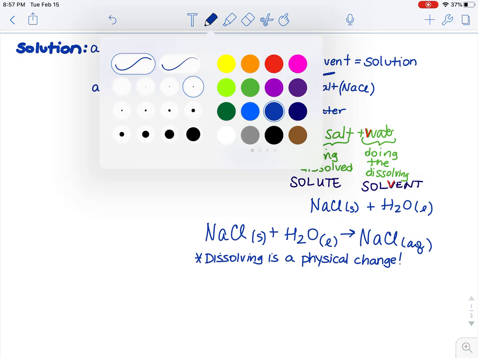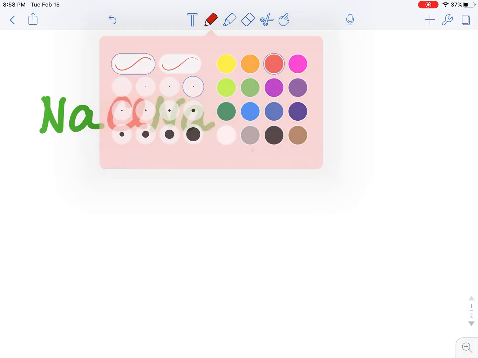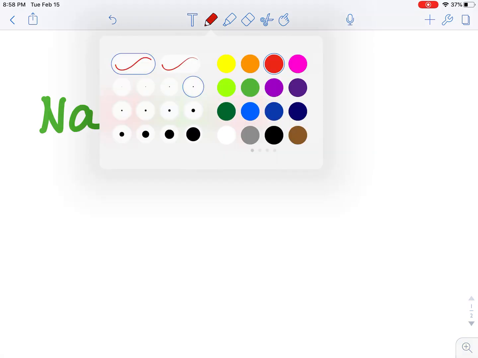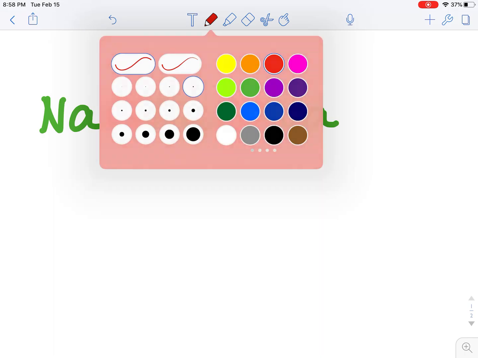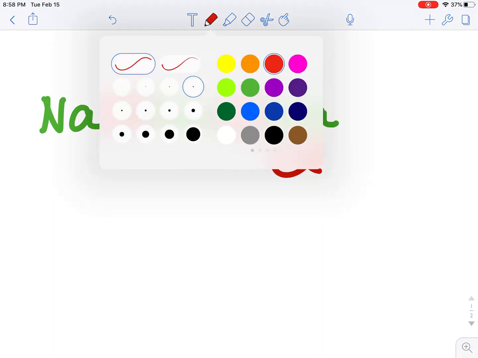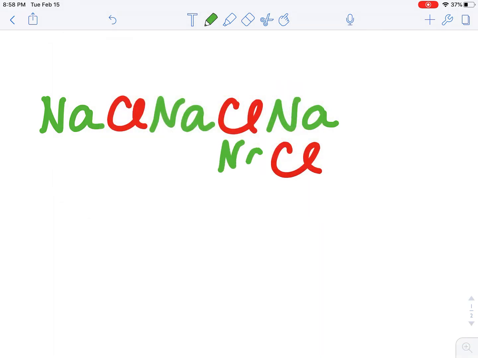The salt is made up of a cation of sodium and an anion of chloride. And because it's an ionic bond, we have these cations and anions all attracted to each other in a 1-to-1 ratio in what's called a crystal lattice.